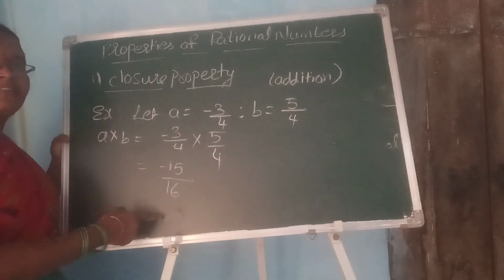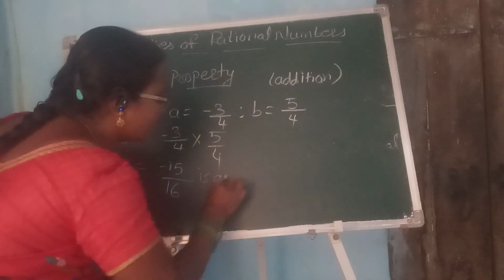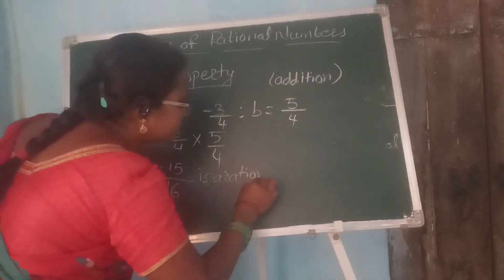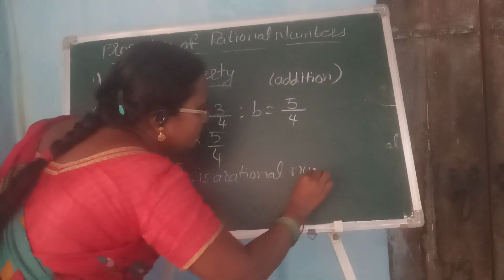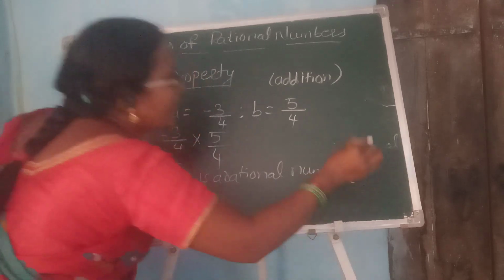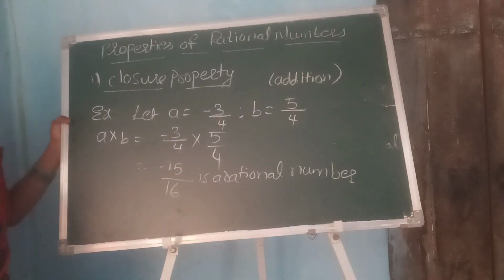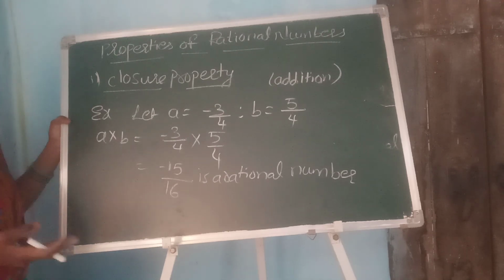So minus 15 by 16 is also a rational number. Then we can say that rational numbers satisfy the closure property under addition and multiplication.